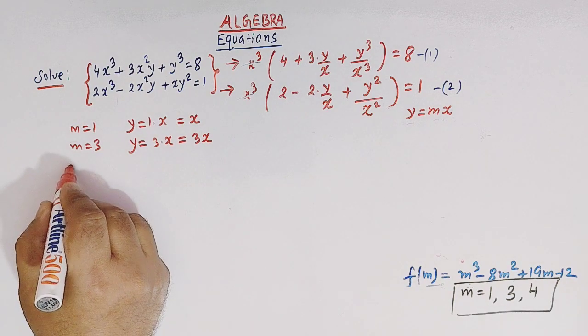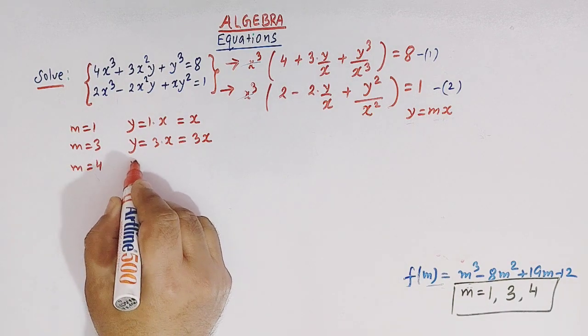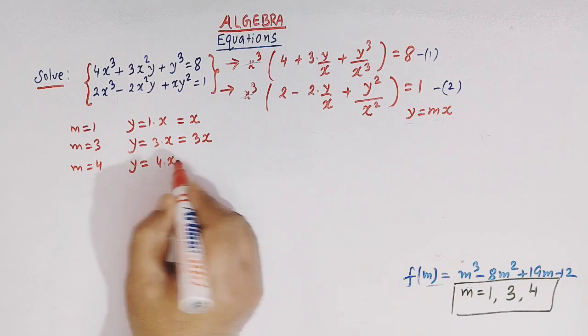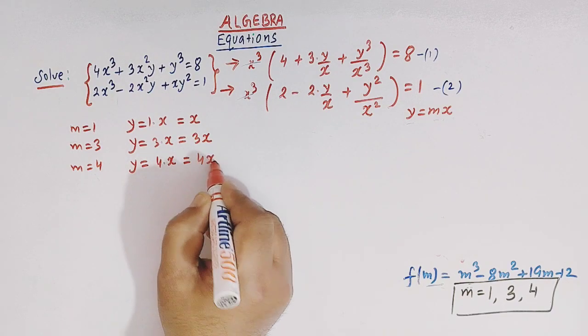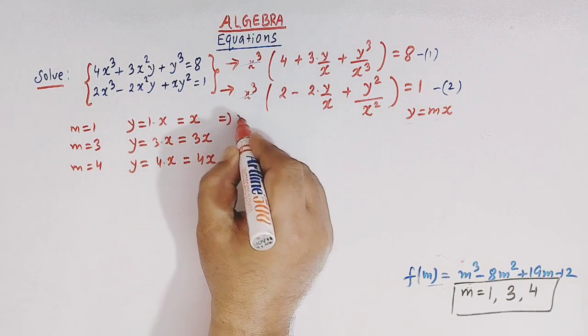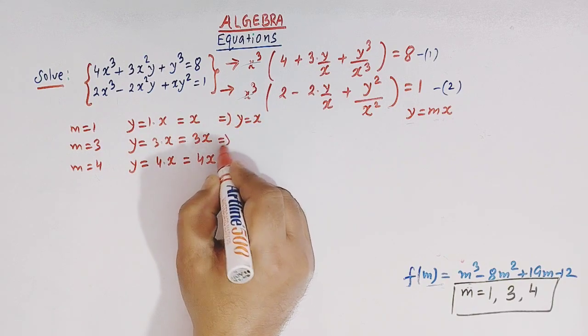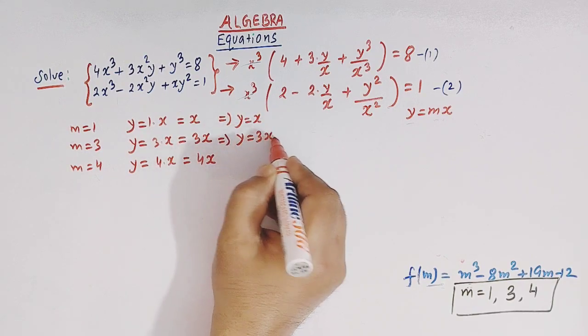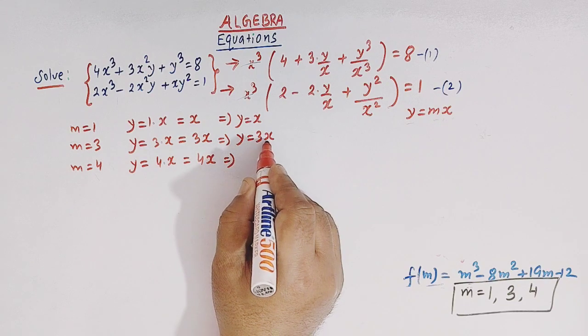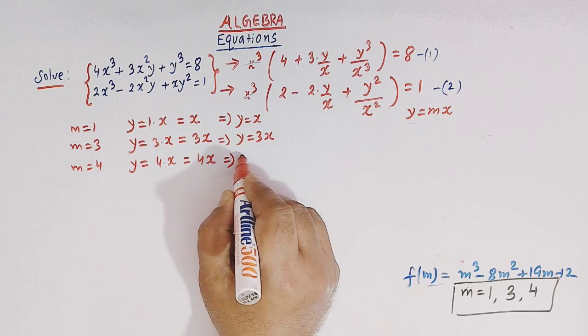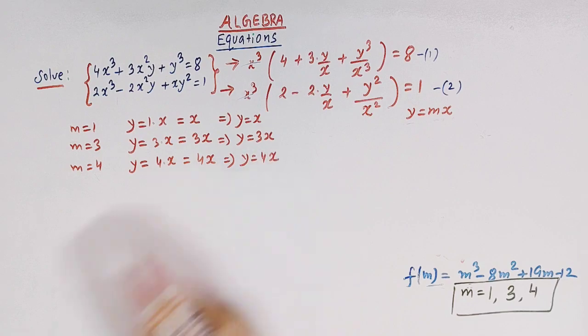And when we have m is equal to 4, we have y is equal to 4 times x, that is 4x, right? So from here we have y is equal to x, from here y is equal to 3x, and from here we have y is equal to 4x, right?